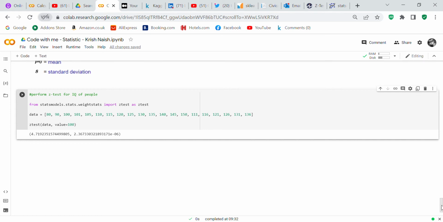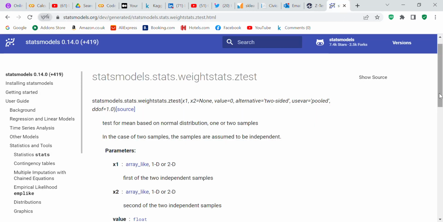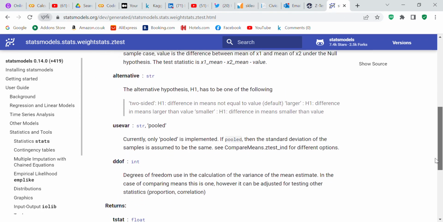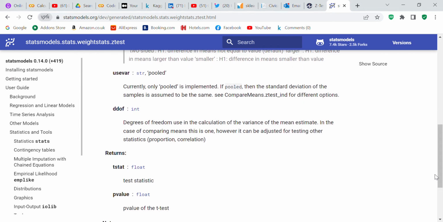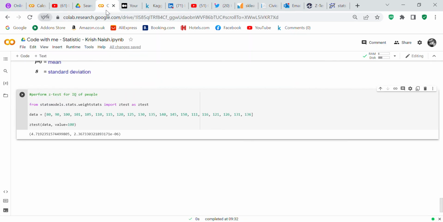It gives you your test statistic and your p-value, because according to statsmodels, that is what it gives you. So you can use that to get other information now that you know the test statistic and the p-value.